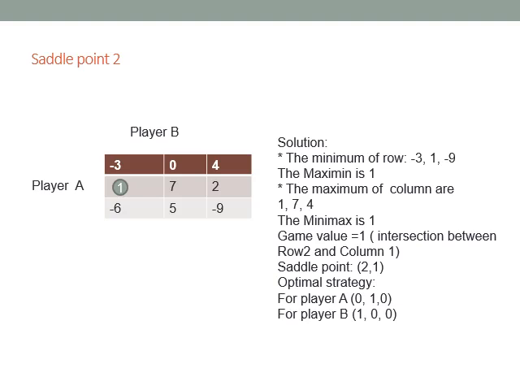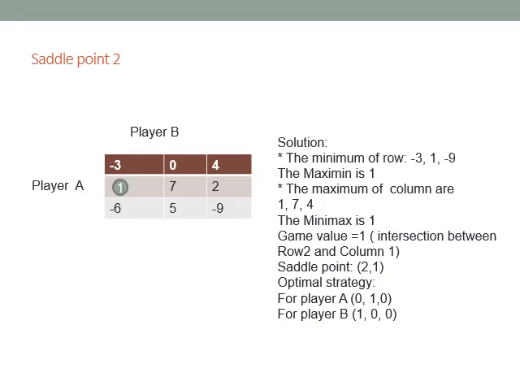So, now the common value between the minimum of the row and the maximum of column is 1.